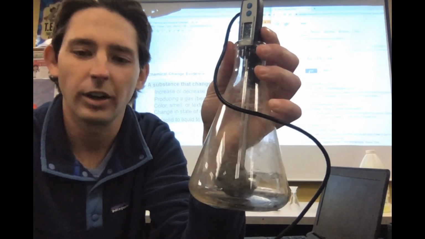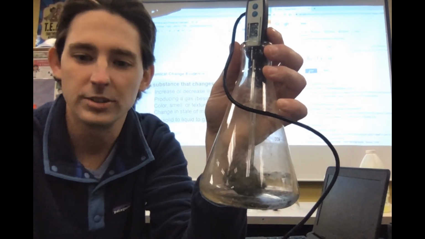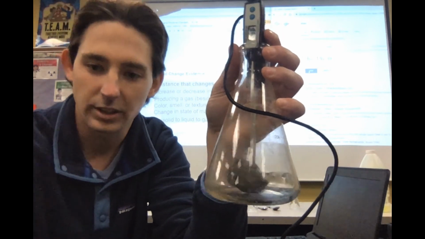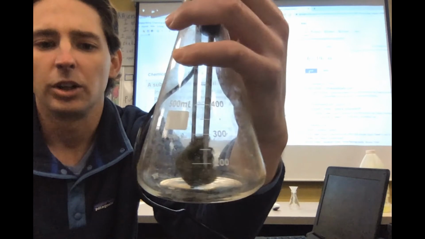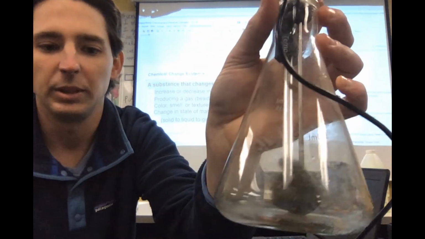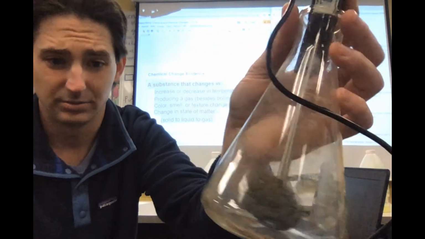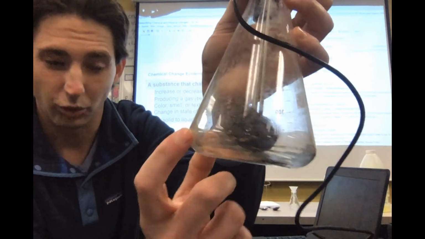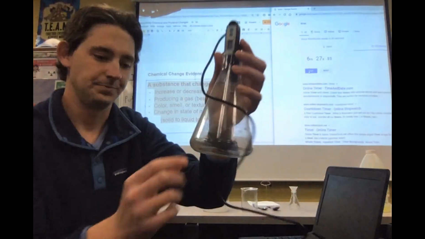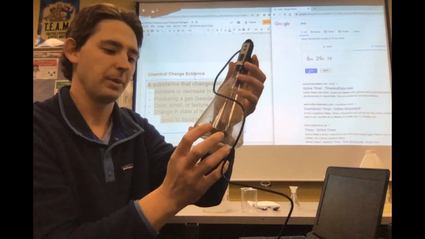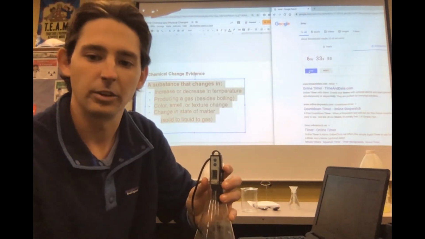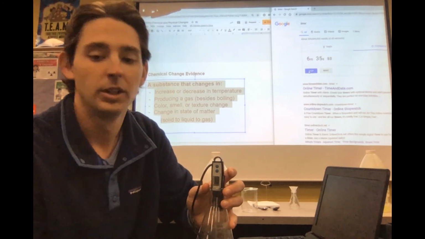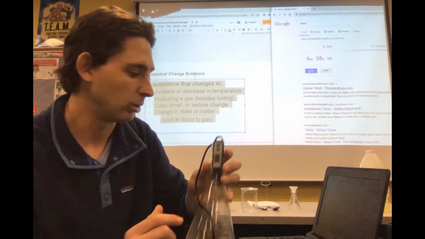It's definitely releasing thermal energy, increasing the temperature, and you can see it because the Erlenmeyer flask is getting a little steamy, and it looks like it's getting kind of rusty or oxidized along the bottom, because there was wool in the Erlenmeyer flask. I used these last year.